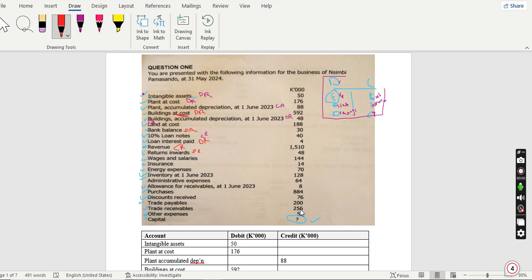So when the customer returns goods, what happens to your revenue? The revenue that remains from selling those goods. It goes down, right?